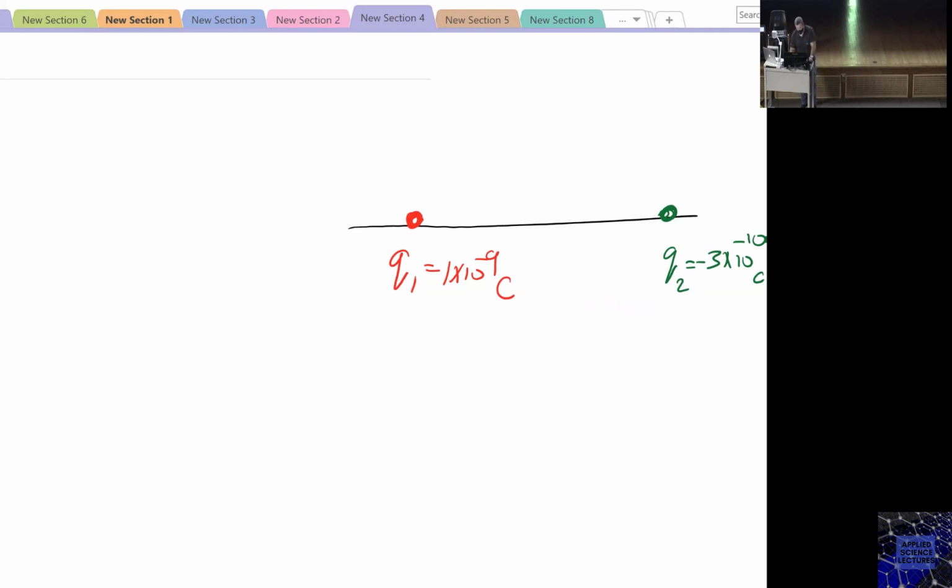So since Q1 is positive and Q2 is negative, the force exerted by Q1 on Q2 would be attractive, which means pulling it toward Q1. And I would call this one F1, to show you that this F1 is coming from Q1.